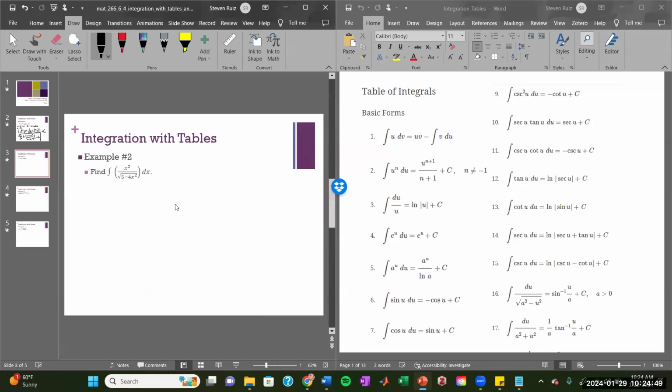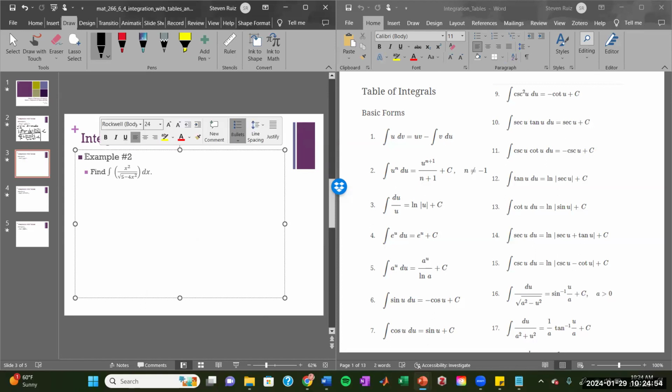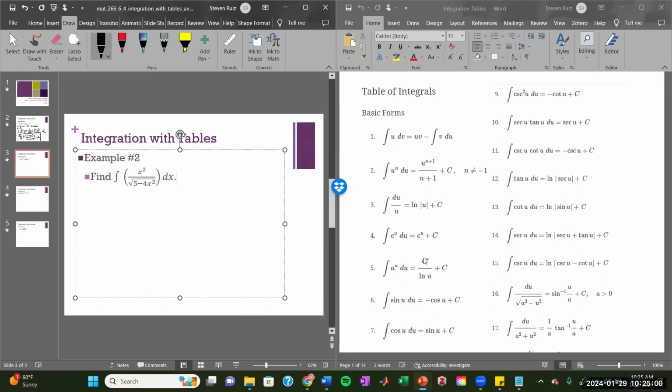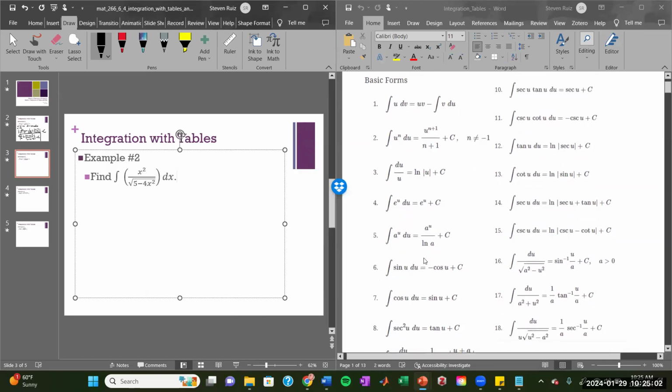All right, how about this one? Let me change the font. Okay, so is there anything on this first page that helps?